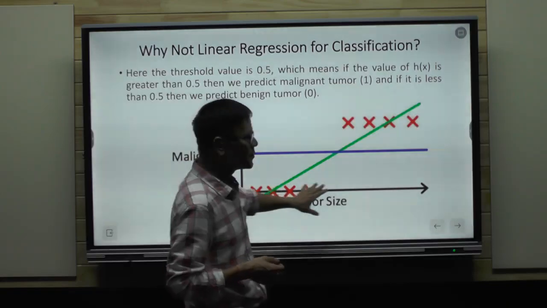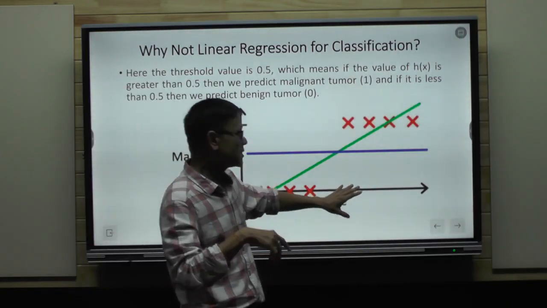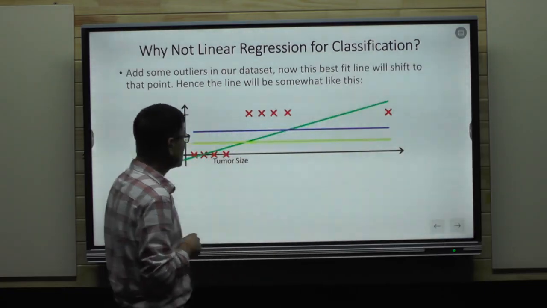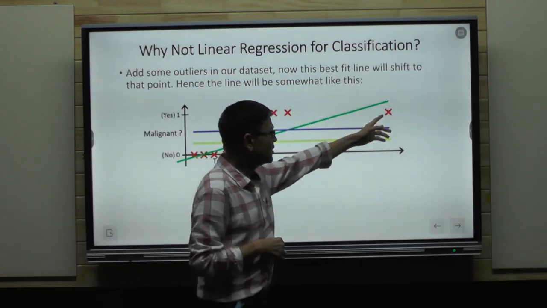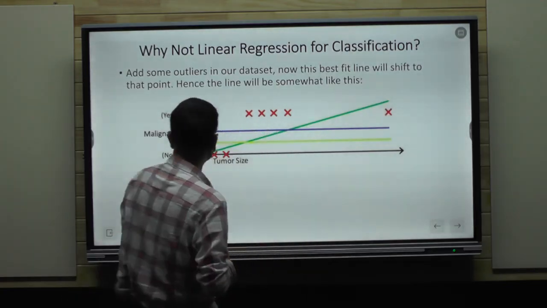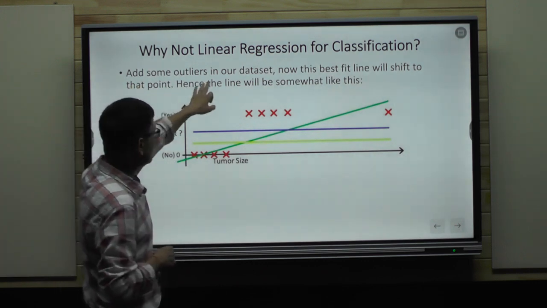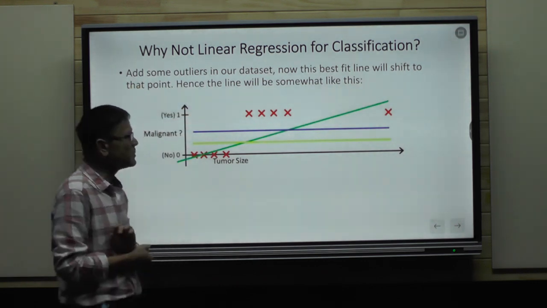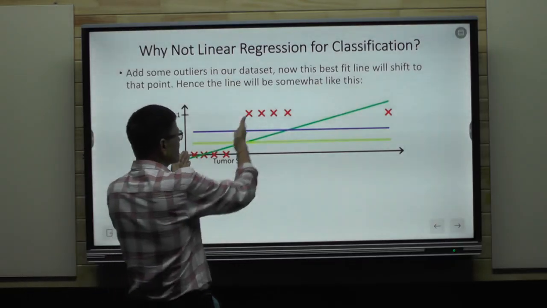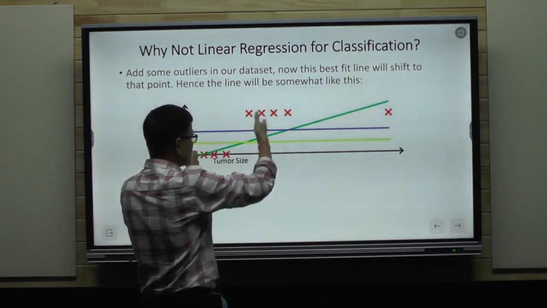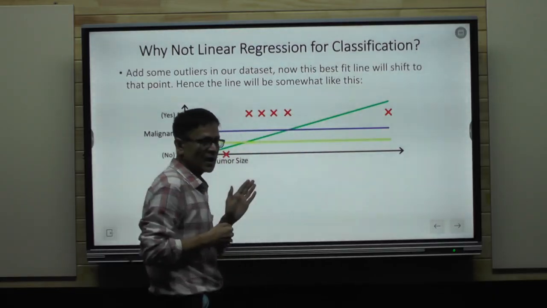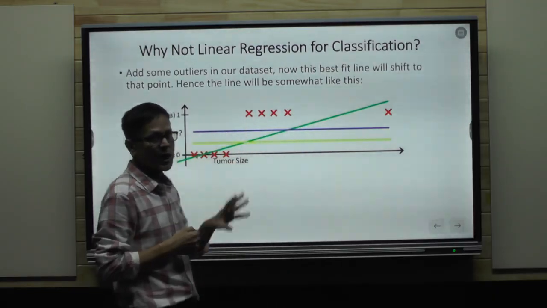This graph actually represents the linear regression. Now coming to the next point, you see this point X, which is above the threshold, but it is completely an outlier kind of thing. So add some outliers to our data set. Now this best fit line will shift to that point. Instead of crossing the center of these 4 x's, it has now shifted towards the other x, which is certainly an outlier.